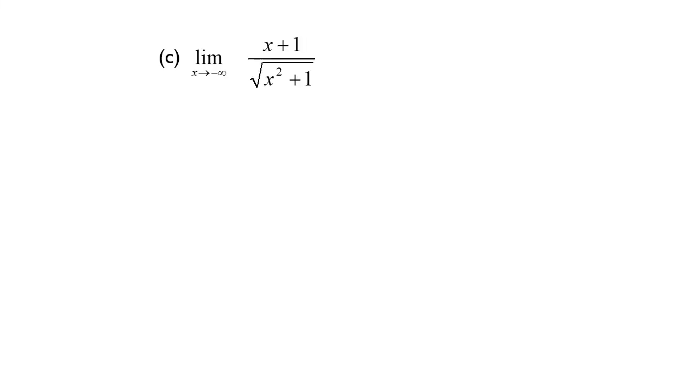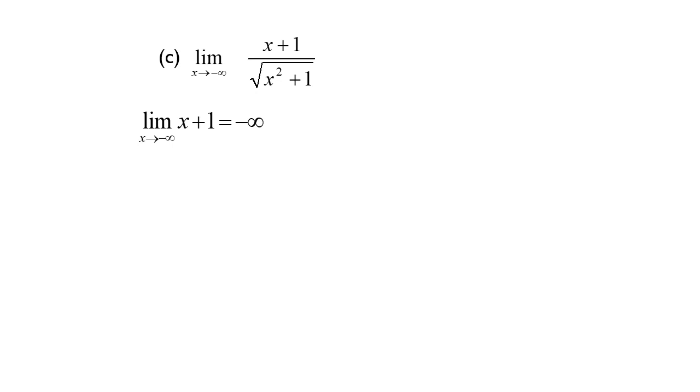So for question C, limit of x plus 1 divided with square root of x squared plus 1. So we have x and x squared here. How do we find this limit as x approaches negative infinity? The same as the previous example, we try to substitute negative infinity first into the numerator and denominator separately.